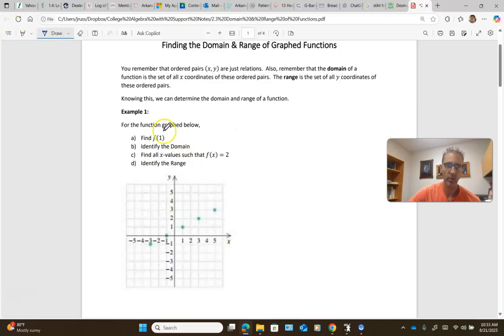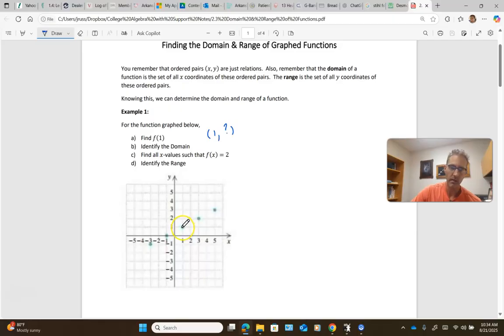This first example, we want to find f of 1. Or in other words, whenever x is 1, we want to figure out what y is. Okay, because y represents the function value. So what you're going to do is look at the graph of the function and find the point that corresponds to 1, such that x is 1. And there's only one point, and it's right here.